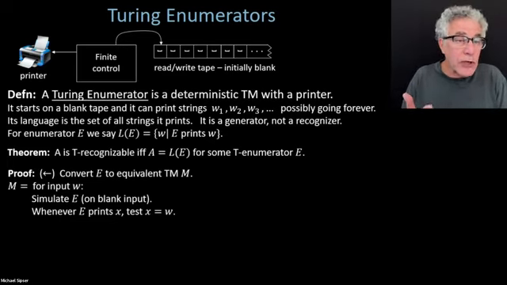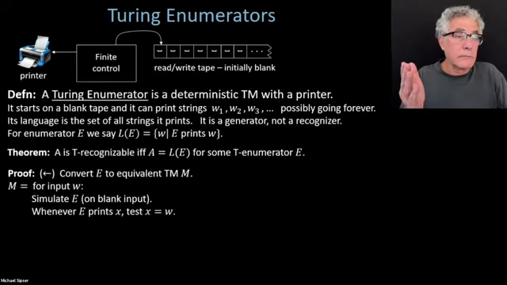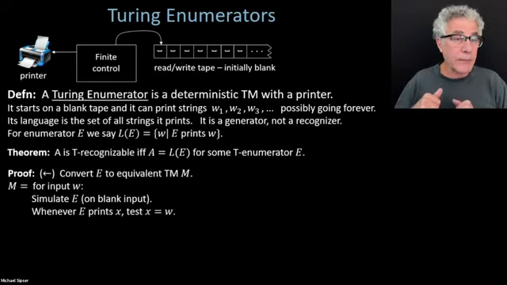What do I do? I fire up that enumerator, I get it going, and I start watching the strings it prints out, comparing them with my input string, 1101. If I ever see it print out a 1101, great. I know I can accept because I know it's in the enumerator's language.